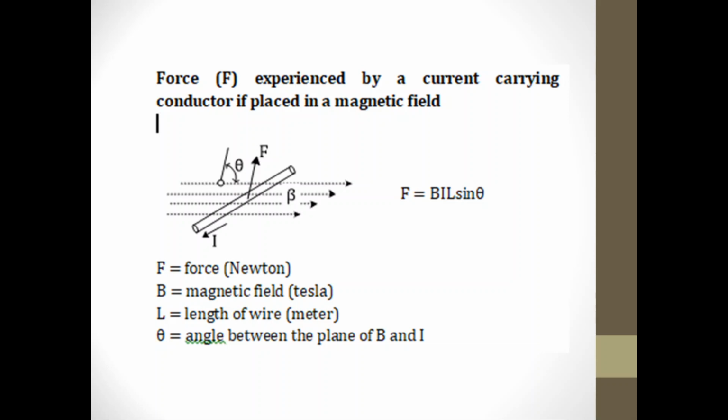For electric motors, theta is considered to be 90 degrees. That is, the field and the conductor are perpendicular with respect to each other.